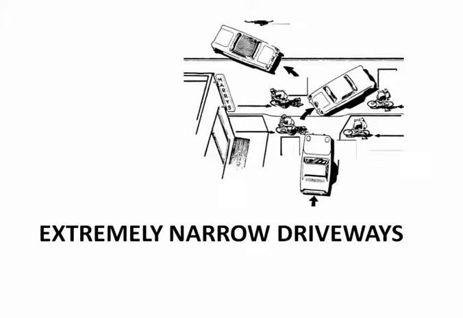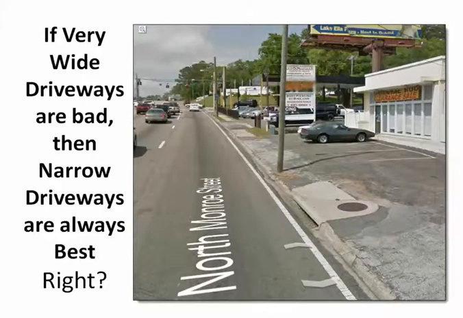The problem is that back in the 60s, 70s and 80s, we learned that really wide open driveways, which you still see, that allow a person to come in and out anywhere over 300 feet, are bad because there's no positive guidance there. But it led some professionals to think, well, maybe the more narrow the driveway, the better. So if very wide driveways are bad, then narrow driveways are always best, which is not true.